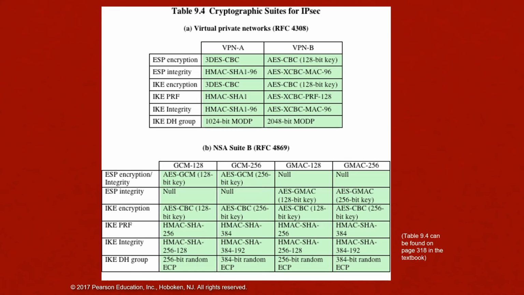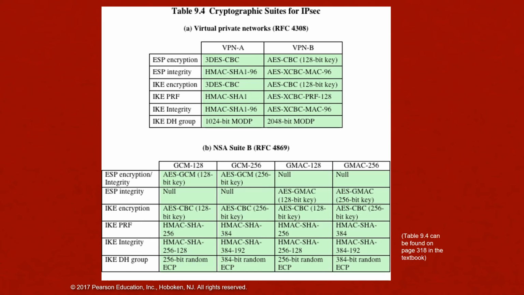RFC 4308 defines two cryptographic suites for establishing virtual private networks. Suite VPN-A matches the commonly used corporate VPN security used in older IKE version 1 implementations at the time of issuance of IKE version 2 in 2005.